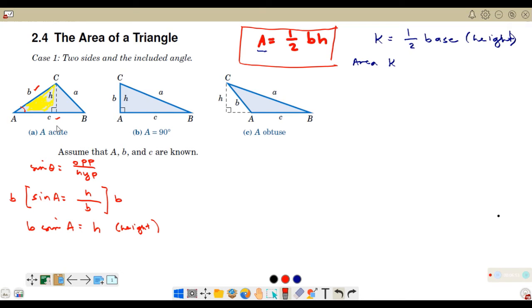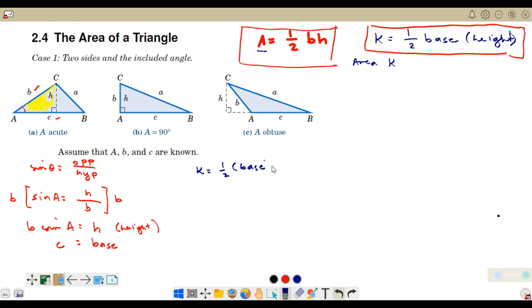Ngayon, i-identify natin, since meron na tayong measurement ng height, yung ating base. Maging specific tayo. So, meron tayong value na C, yung na-meet nung ating altitude as the base. So, substitute natin siya dito sa ating formula. So, we have the formula K is equal to 1/2 base times the height.